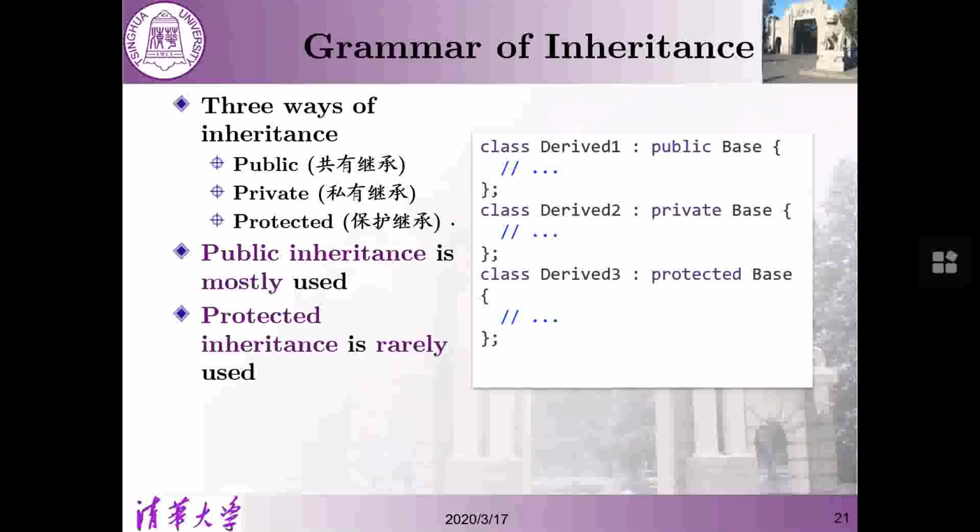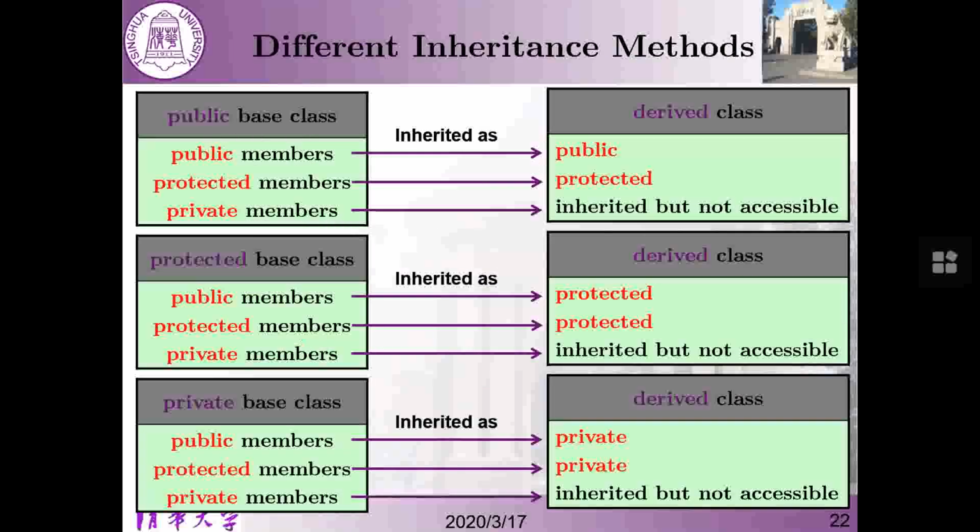So this is inheritance. There are three ways of inheritance: public inheritance, private inheritance, and protected inheritance. Public inheritance is mostly used. Protected is seldom used, actually. So this is the grammar.